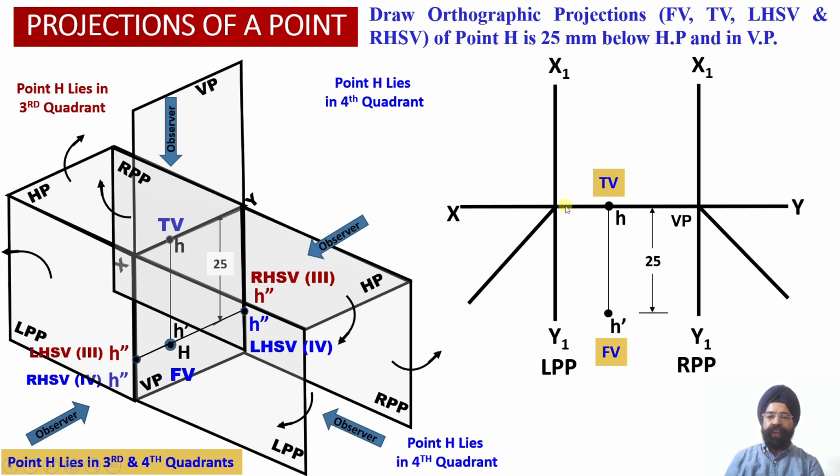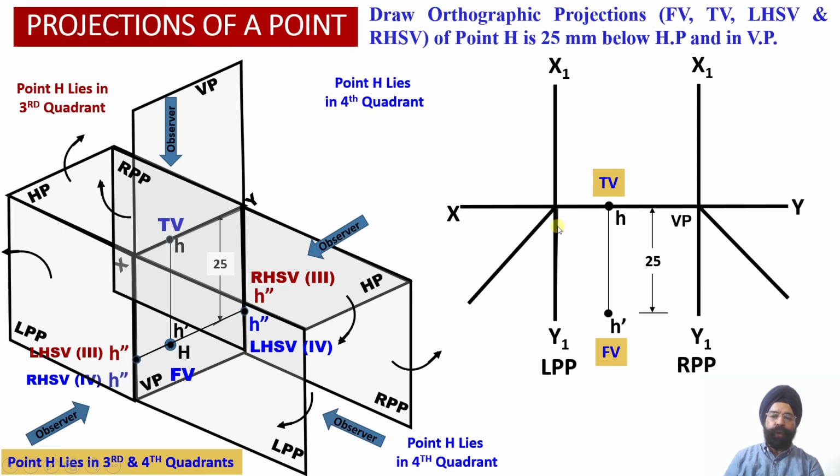Wherever this horizontal projector line intersects with this transfer line, through this intersection point we draw a vertical projector line into the left profile plane such that the distance of this vertical projector line from the vertical plane will be zero. It is indicated as zero distance over here.